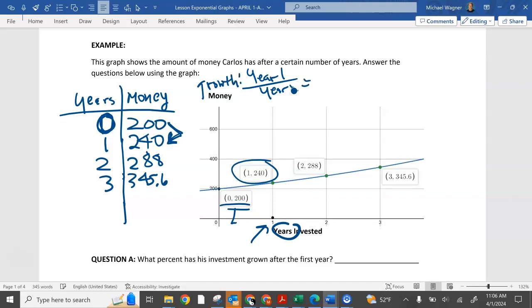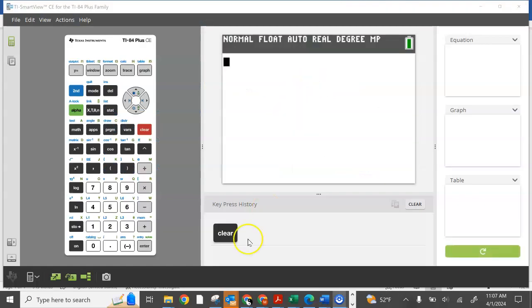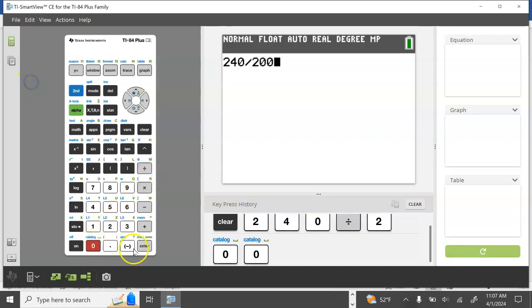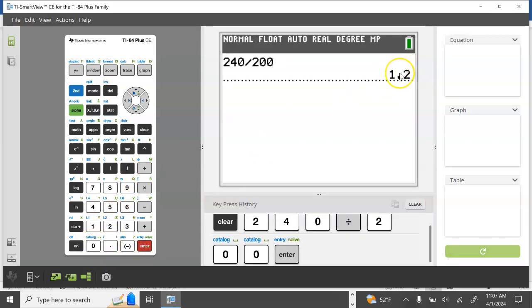So that equals year 1 is 240 divided by 200. Okay, so let's see, 240 divided by 200. Enter. So we get 1.2.